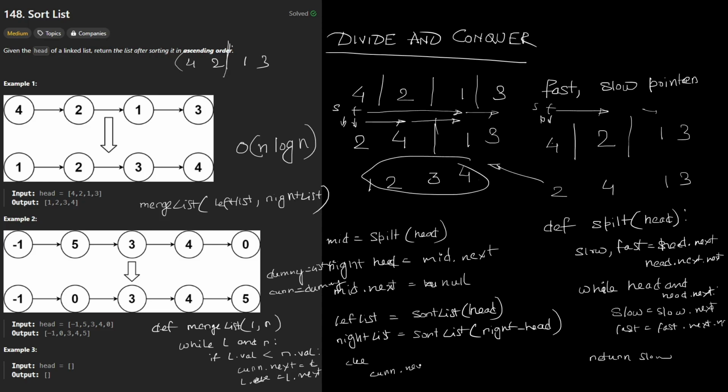So cur dot next would be R, and R equal to R dot next, and we also have to keep on incrementing our cur. So cur equal to cur dot next, and at last I can say return dummy dot next.